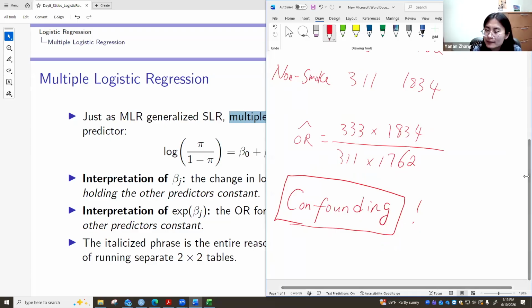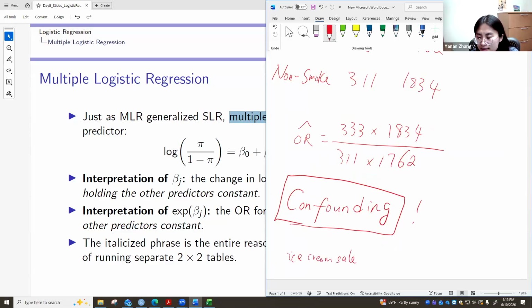One of my favorite examples of confounding is ice cream sales and sunburn rates, let's say, in a population.